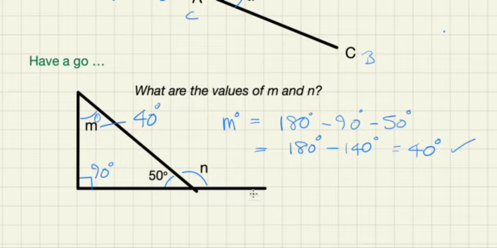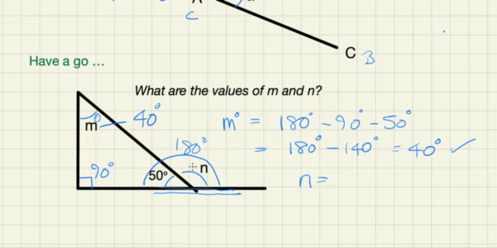So m is 40 degrees. How about n? How would we work out n? Well, with n, in a previous video, we found out that a straight line is 180. So if we were to draw in this, this would be 180 degrees.